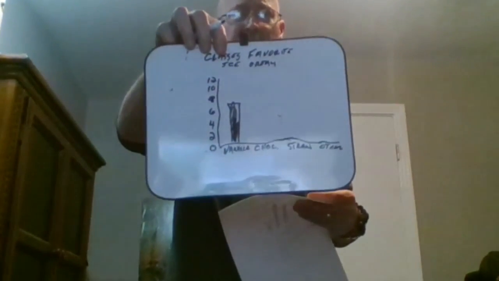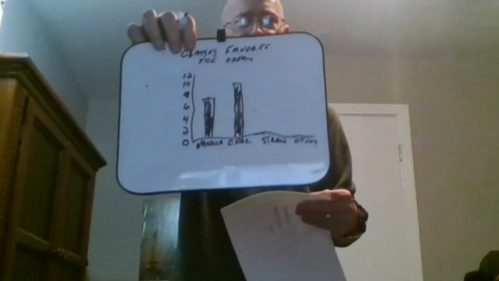Next, we're going to put in the data. Our data says 7 students like the vanilla flavor more. So we're going to put 7 on vanilla. Color that in. 7 on the vanilla.